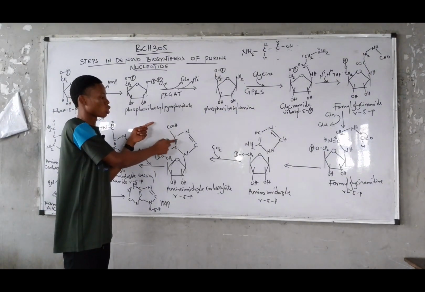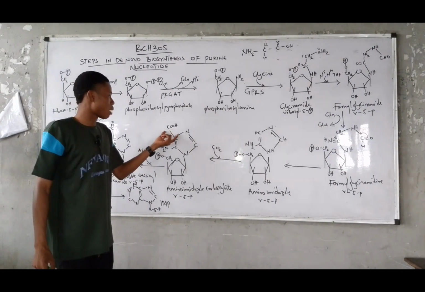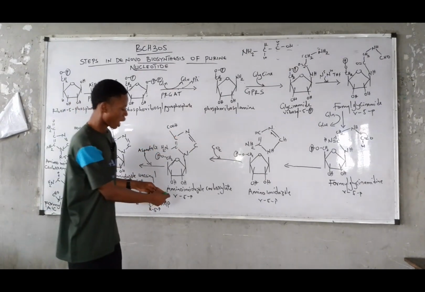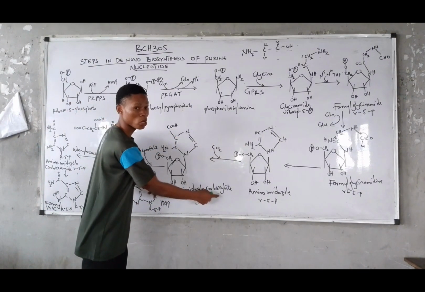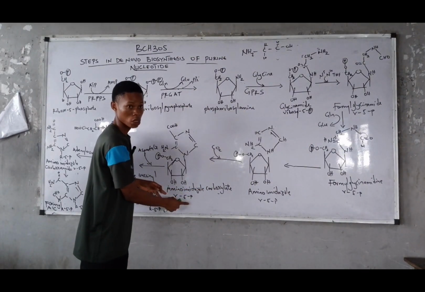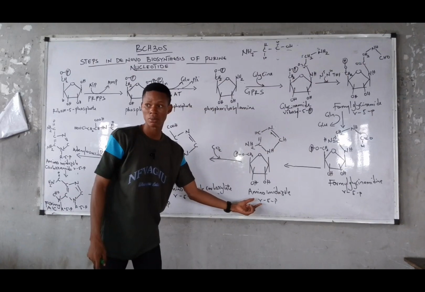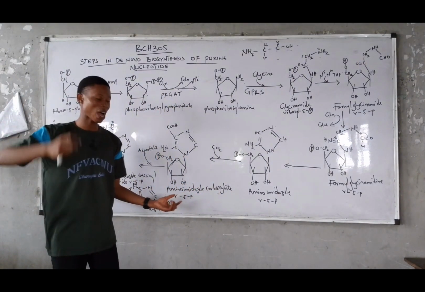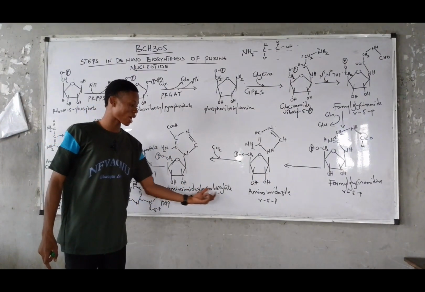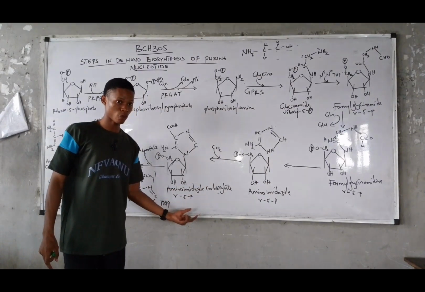CO2 comes in and donates carbon 6, which will form aminoimidazole carboxylate ribosyl-5-phosphate. What we were having before is aminoimidazole ribosyl-5-phosphate. Now that we carboxylated it, we have aminoimidazole carboxylate ribosyl-5-phosphate.